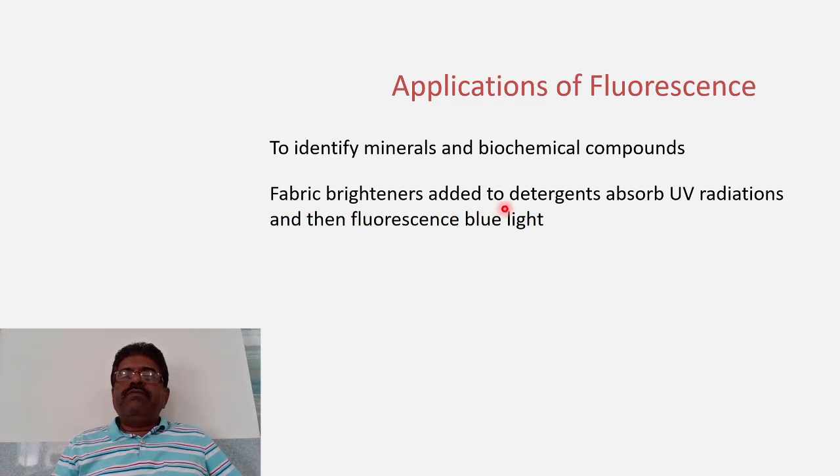What is the role of these fabric brighteners? They are present in the detergent, and they absorb UV radiation from the sun and go into an excited state, thereby losing some amount of energy in radiationless losses, and come back again to the ground state.